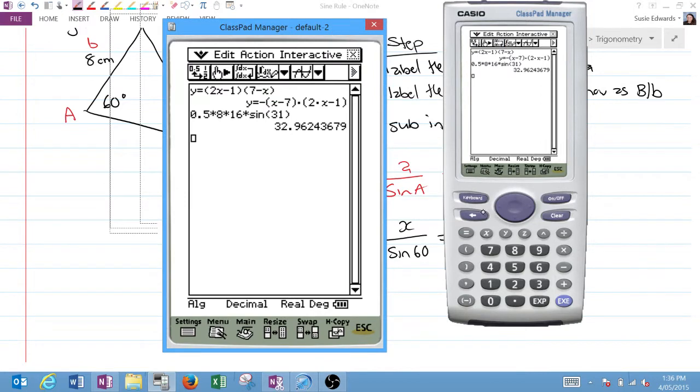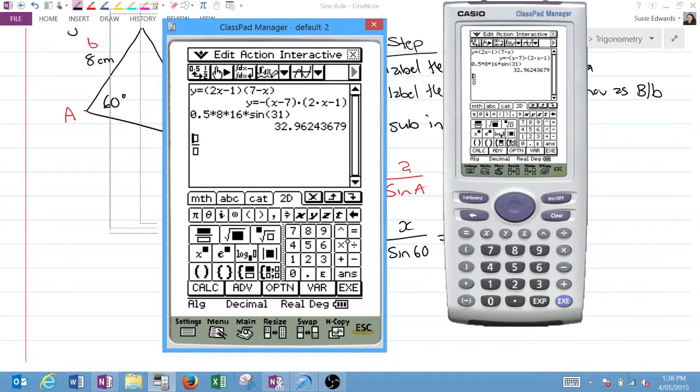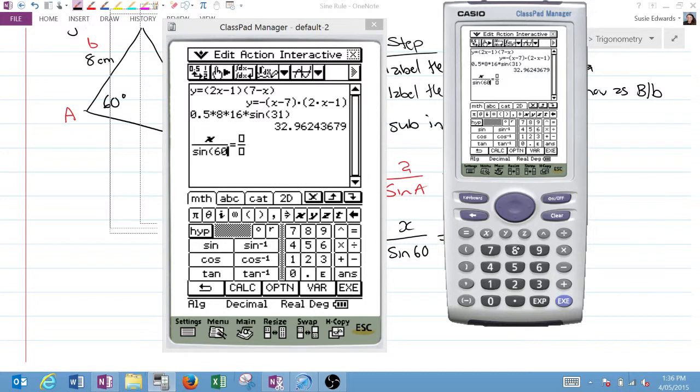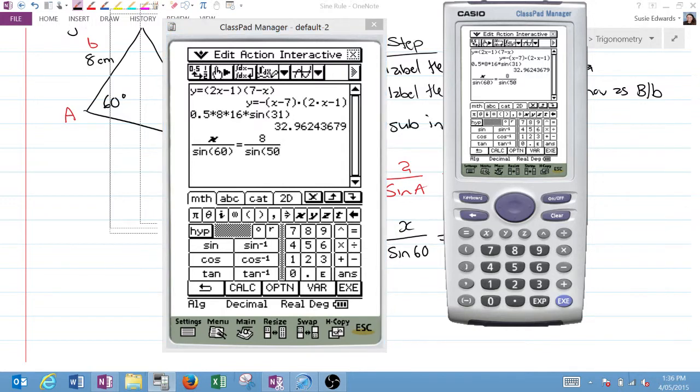I will give you an e-activity for it later, but if we write x over sine 60 equals 8 over sine 50, was it 50? Yes? I need you guys to help me out.